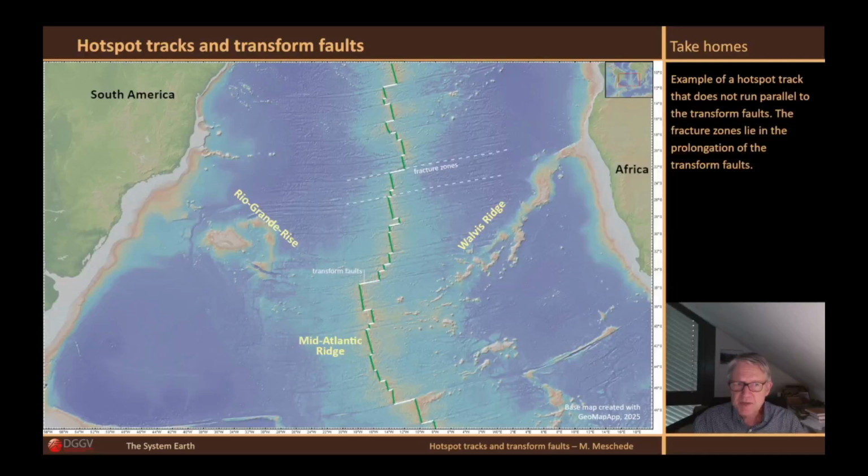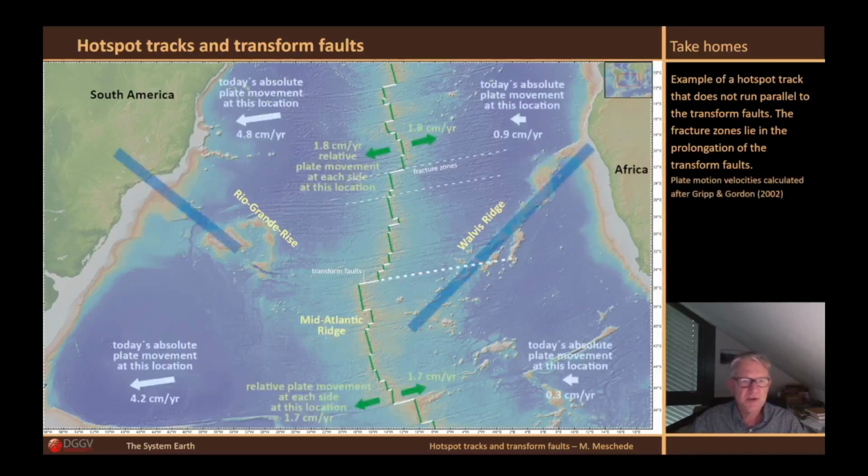This brings me to another aspect that highlights the different orientations of volcanic chains and transform faults. Here we see the South Atlantic again with the Walvis Ridge and the Rio Grande Rise. The hotspot tracks are drawn here schematically with a blue line.